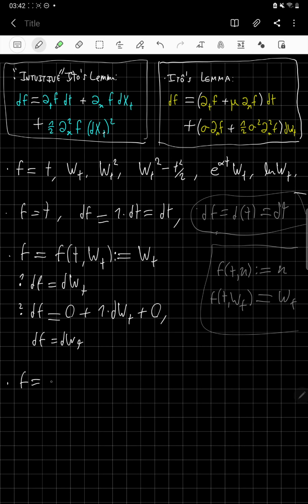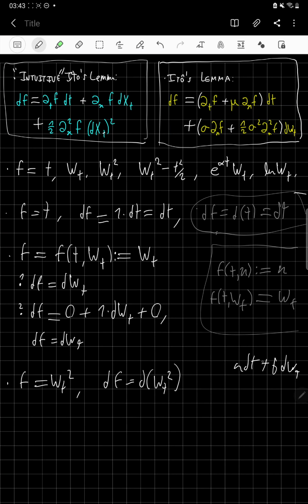What if f equals Wt squared? The naive way is df is just equal to d of Wt squared. Well, why is this bad? Because this is not in the canonical form. We always want to express something as a linear combination a dt plus b dWt, right?